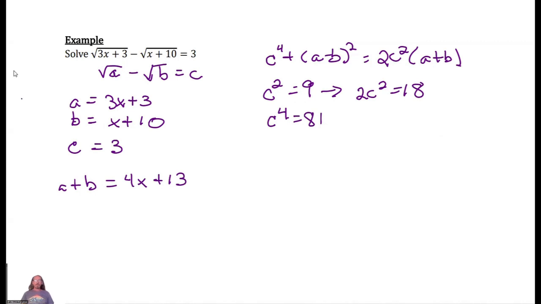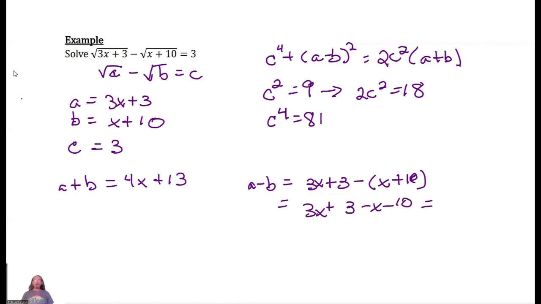A minus b, we need to be a little bit more careful about. 3x plus 3 minus the quantity x plus 10. We're looking at 3x plus 3 minus x minus 10, which will give us 2x minus 7.